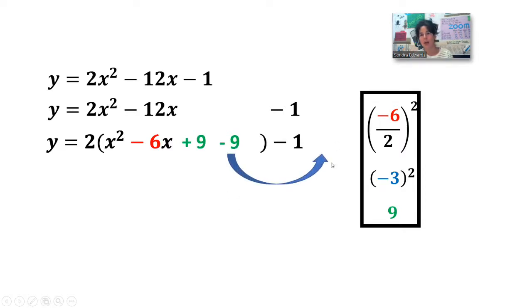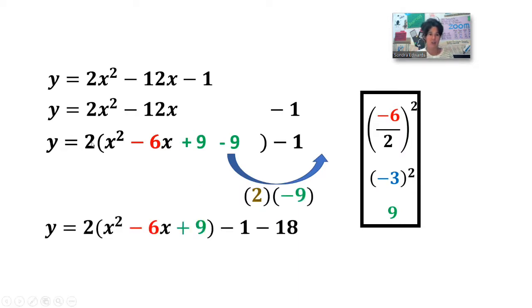But you can't just write minus 9 over there, because the effect of placing negative 9 inside of parentheses was 2 multiplied by negative 9. The effect was minus 18. So if I remove this negative 9 to move it over here, that value I put here is going to have to be negative 18.